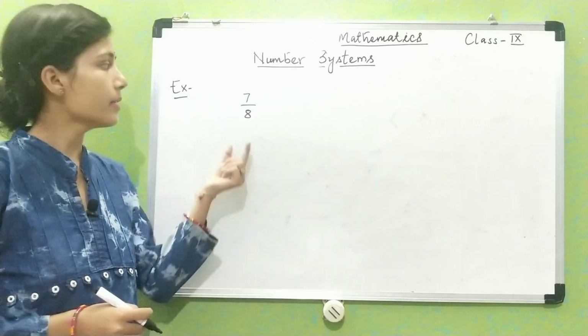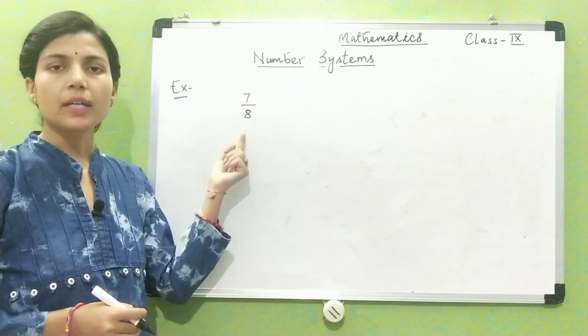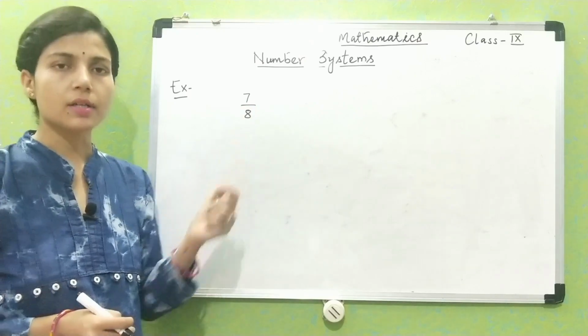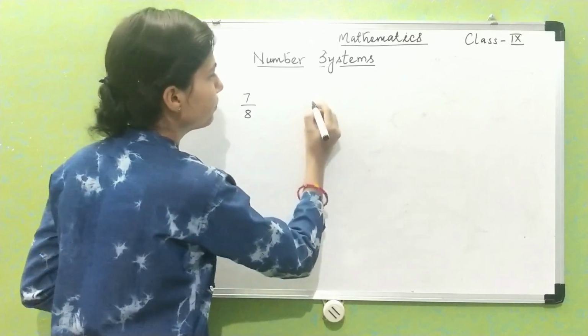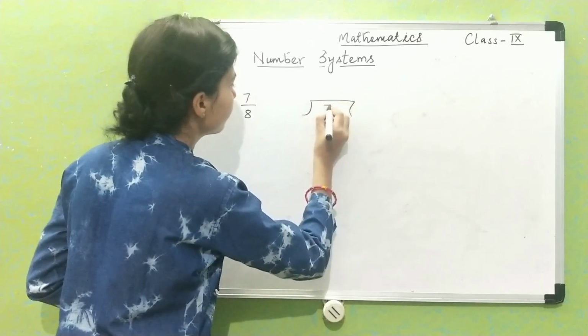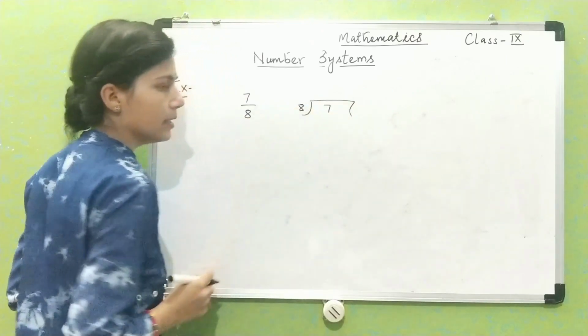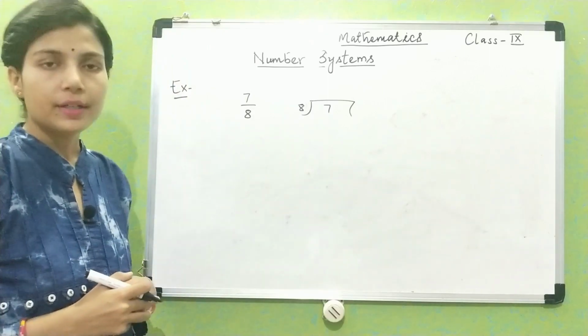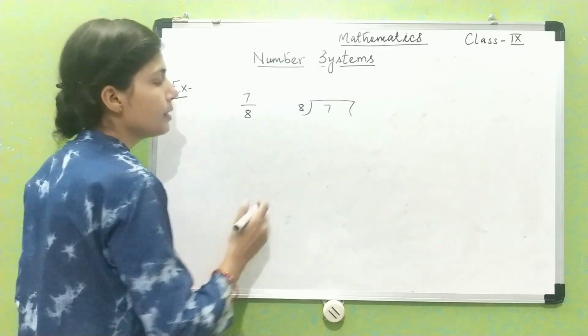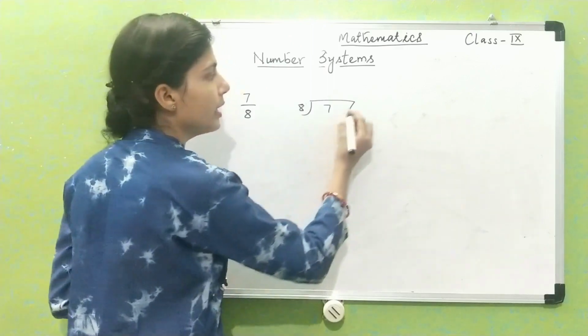Okay, let's take another example. 7 by 8, it's also a rational number. Now check its decimal expansion, what comes. 7 divided by 8. Here the divisor is greater than the dividend, so we have to take the decimal point first.